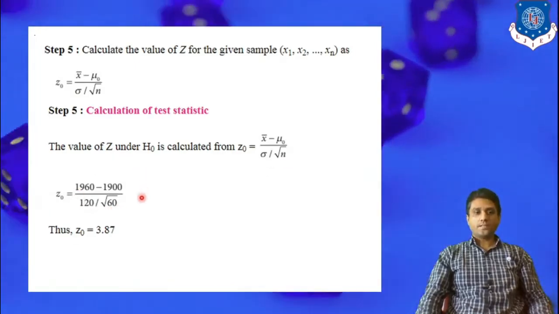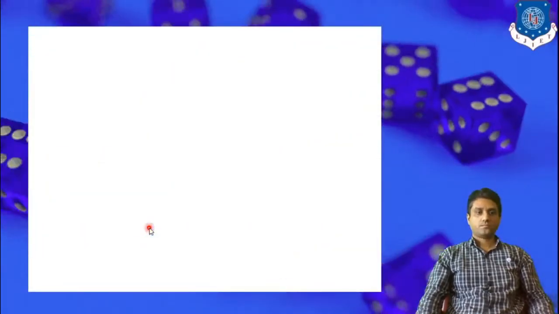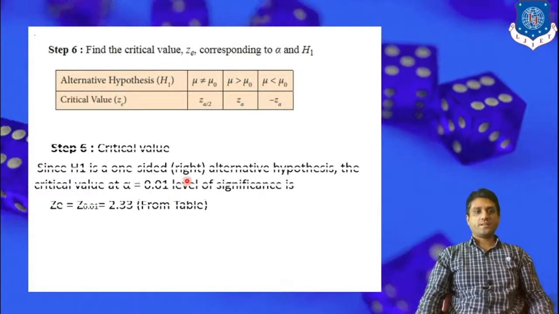By solving this, we obtain the observed Z value, which is 3.87. By luck it is already positive. If it is negative, then we have to consider the modulus of this value and finally obtain a positive value. So step number 6: find the critical value, that is the experimental Z value.